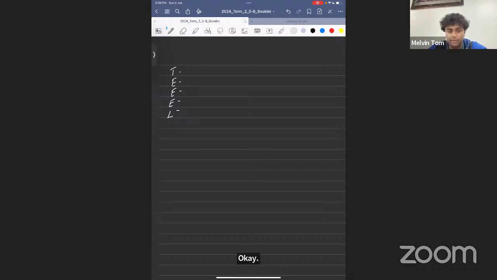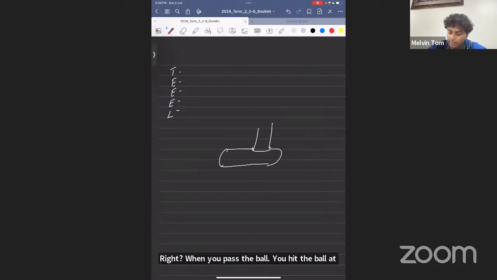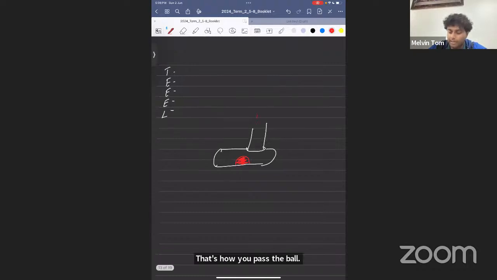So when you first start learning how to play soccer or football, the coach tells you, this is your feet, right? When you pass the ball, you hit the ball at around this part of your feet, on the inside of it in the middle section. That's how you pass the ball. Kind of imagining this as like a golf putter.